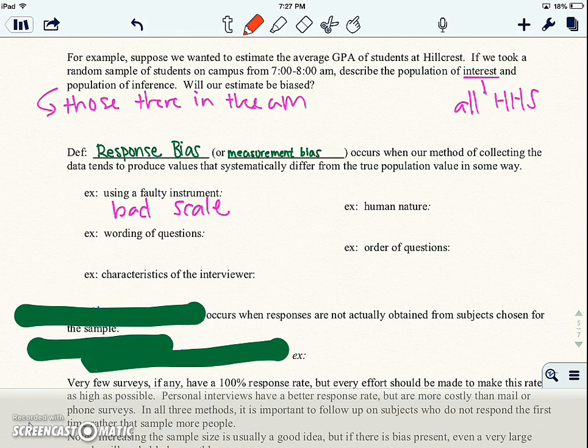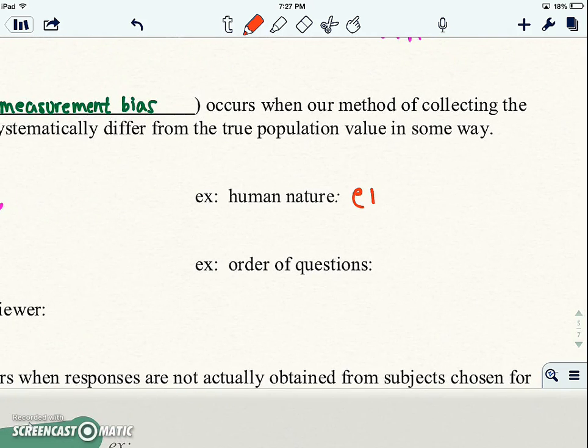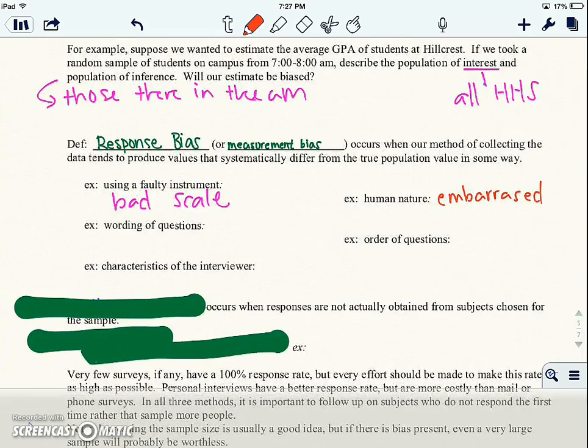Okay, human nature. People tend to get embarrassed. So if you ask them a question that might be a little bit embarrassing, they might lie. Or if I walked up to a student and said, hey, what's your favorite class so far this year, in front of all of their friends, and let's say it's an AP Stats class, I'm putting pressure on them to say AP Stats, even though they're really not math kids and they like English.